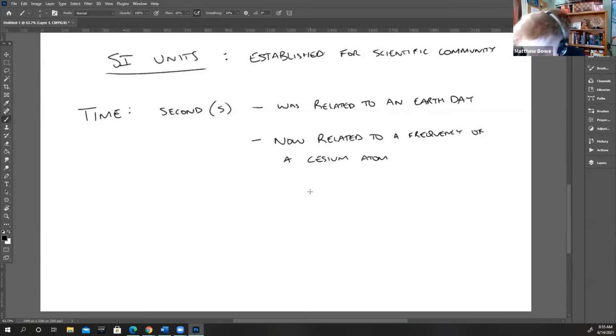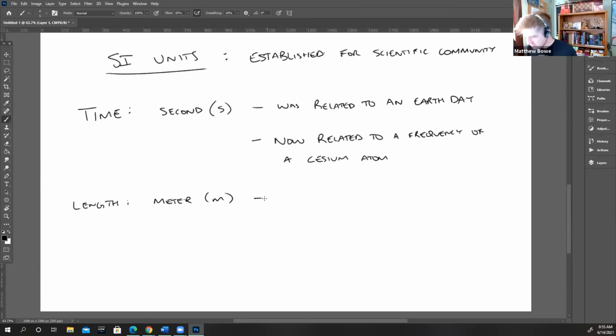Length is a meter. Length, meter, the unit is m. It's usually a lowercase m.